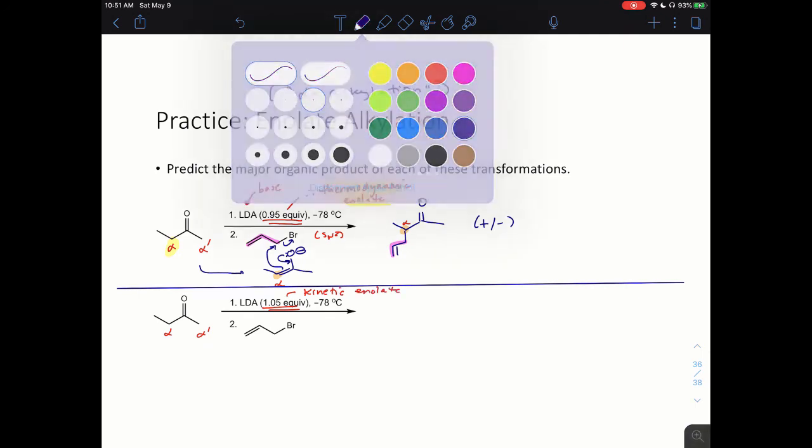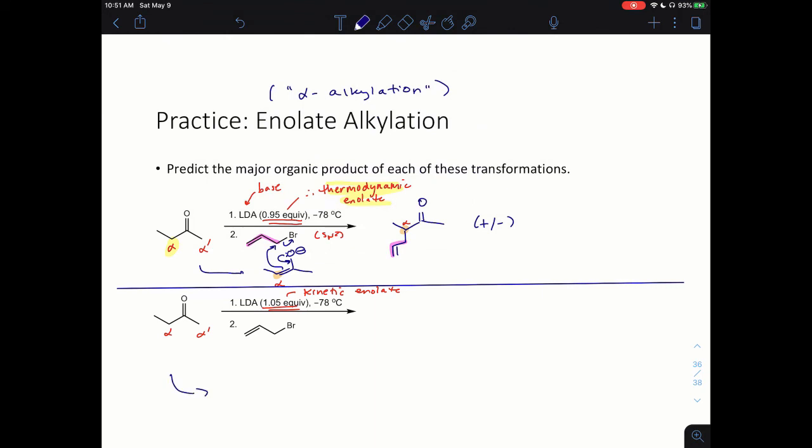So let's draw out the kinetic enolate. The kinetic enolate results from deprotonation at the less sterically hindered alpha carbon, that is alpha prime. And then from here, that enolate will do an SN2 once it's treated with the alkyl halide to generate the alpha alkylated product.